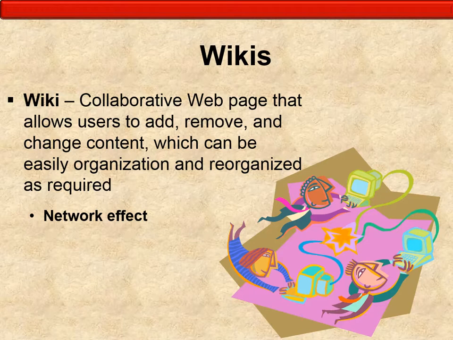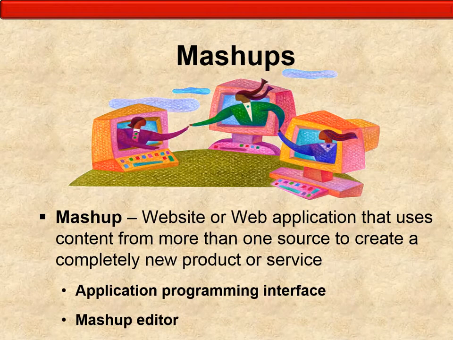So for a wiki site, the more people that start accessing the site, the more chance and probability you're going to have of them adding their own content and their own knowledge. And as that happens, that's the network effect, because the wiki site is growing as that knowledge of users being compiled together is growing.